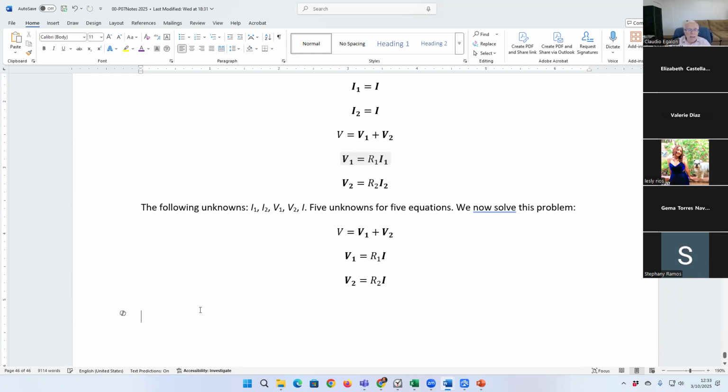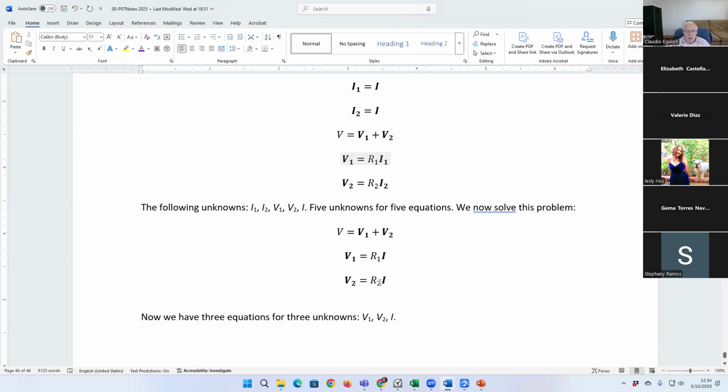And now we have 3 equations for 3 unknowns. And what are those unknowns? The unknowns are V1, V2, and I. We are progressing in the solution of our problem. What was 5 unknowns now became 3 unknowns.